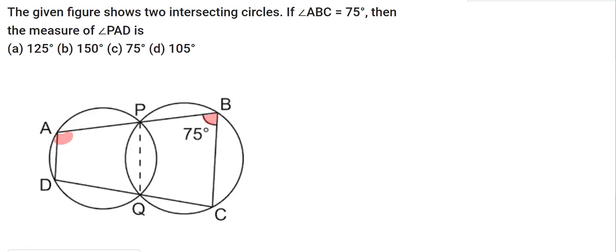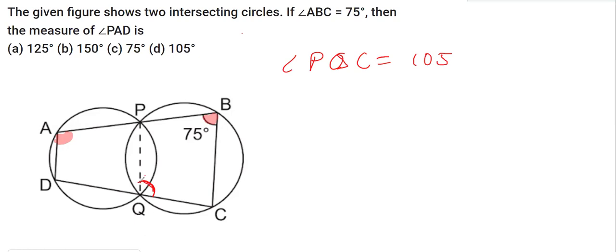Now, this is based on the property that opposite angles of a cyclic quadrilateral are supplementary. So 75 plus this angle is equal to 180 degrees. So angle PQC will be 180 minus 75, that is equal to 105.